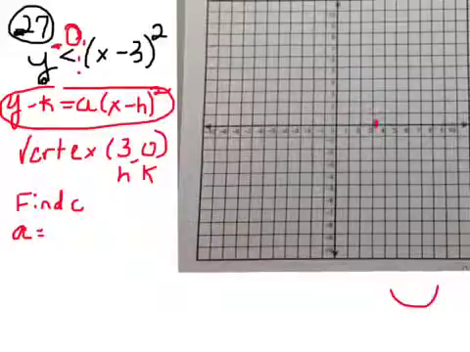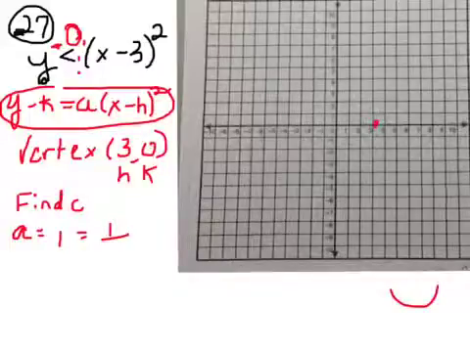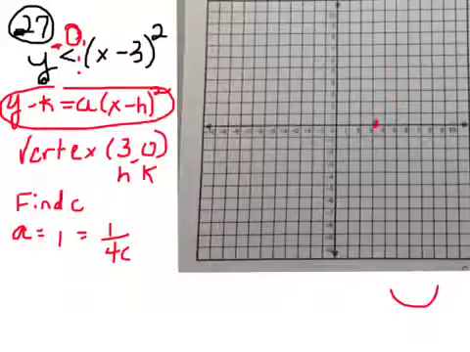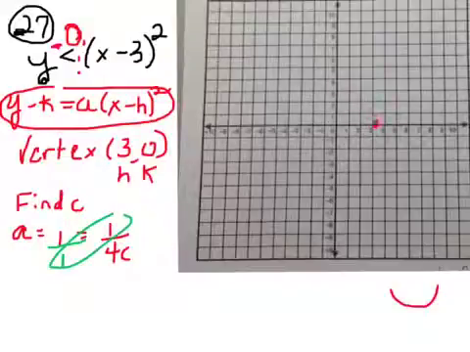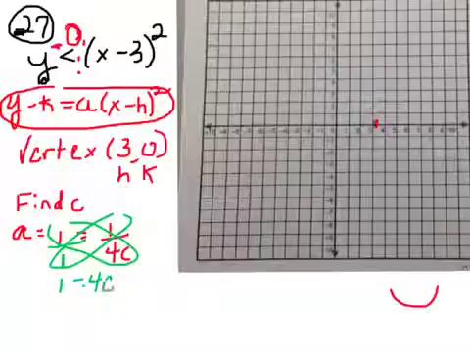So a is equal to 1, and a is also equal to 1 over 4c. To find c, I make this a fraction on the left side so I have a proportion and can cross multiply. 1 times 1 is 1, and 1 times 4c is 4c. If you solve for c, c is equal to a fourth.